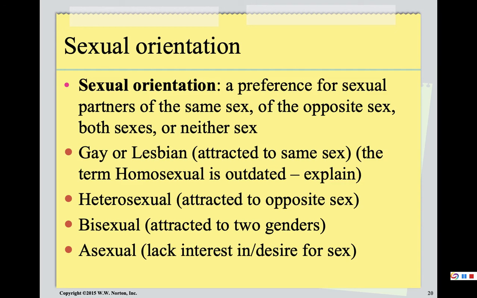Okay, people who are bisexual may be attracted to two genders, so it may not just be men and women. It may be women and non-binary people or men and non-binary people. So that gets a little more complicated as we reflect the true diversity of gender and sexual orientation identities we have in the world.